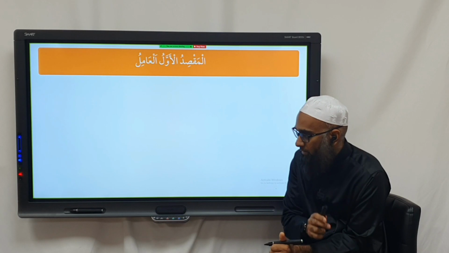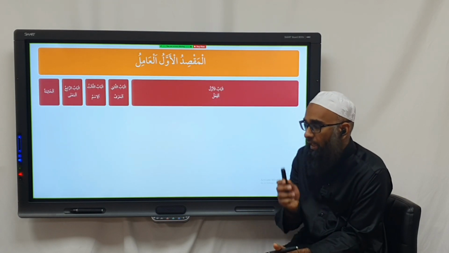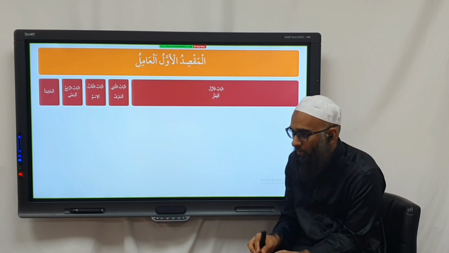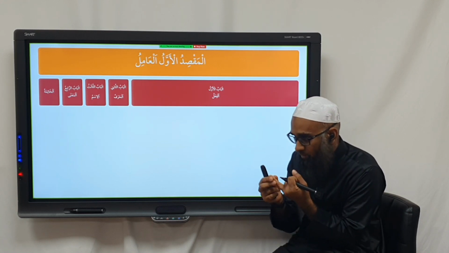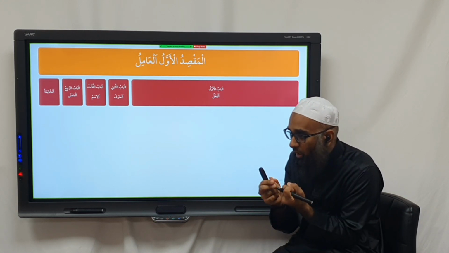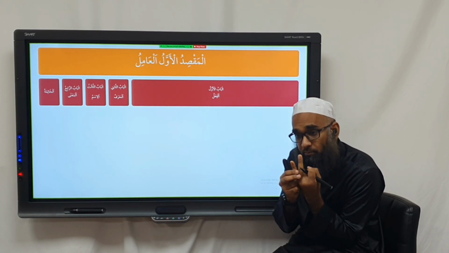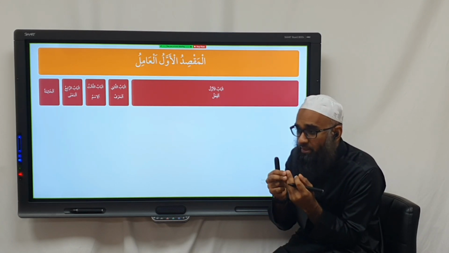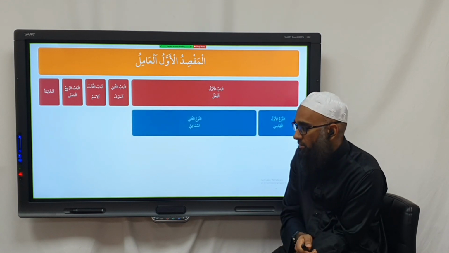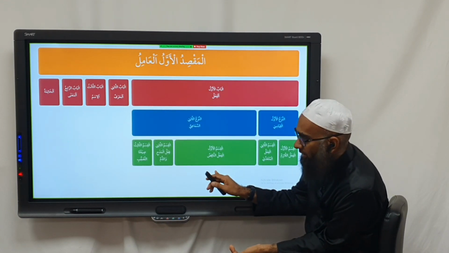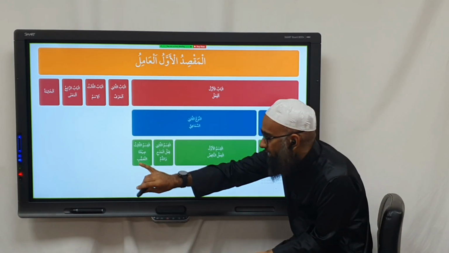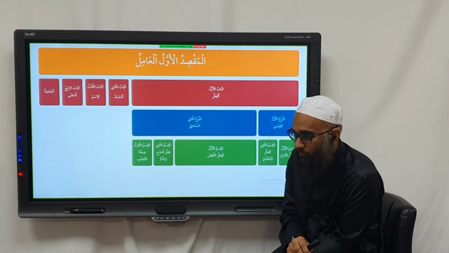And a few generic rules at the end. Correct? And then al-fa'l al-amil, how many types of fa'l al-amil are there? 2. Qiyasi, those that follow a rule, and how many types are those? Lazim and muta'addi. And the sama'i are how many types? 3 types. فعل الناقص, فعل المدح والذم, and صيغة التعجب, the 2 sighas of ta'ajjub.